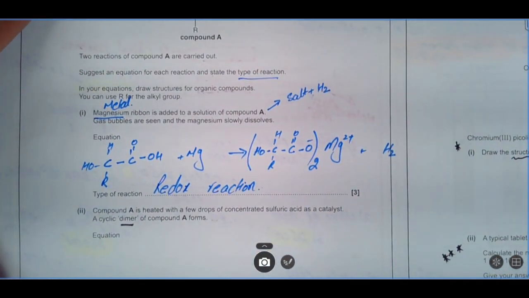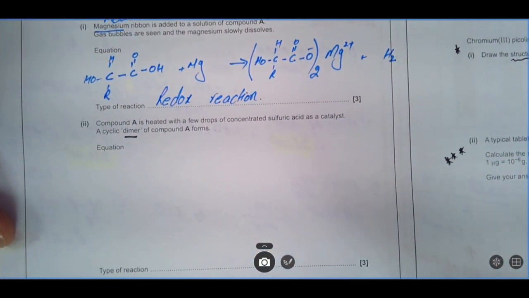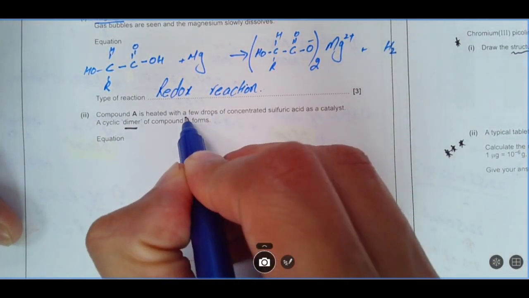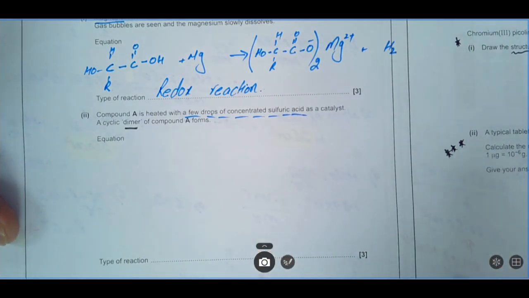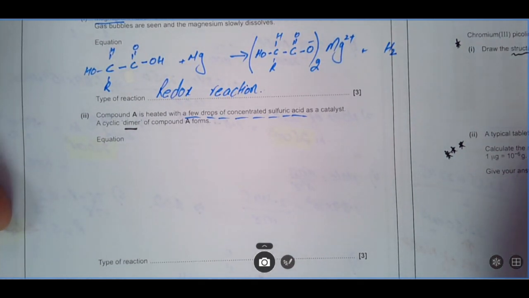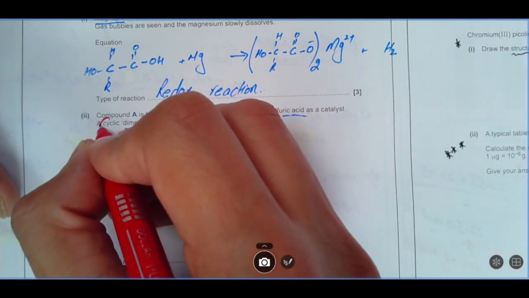Okay, next part. It says compound A is heated with few drops of concentrated sulfuric acid. Few drops of concentrated sulfuric acid as a catalyst. A cyclic dimer. What does dimer mean here? Any idea, Mr. Uzair? Say cyclic dimer.